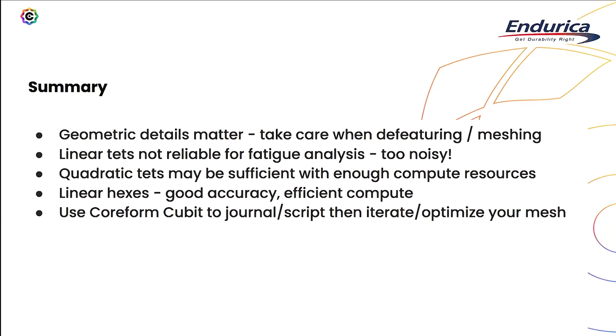We saw here that linear tets, if you've got any other choice, are just not the way to go. Too noisy. Quad tets can work, but they can be computationally expensive. Linear hexes really come out as the best compromise here. They give you good accuracy and efficient compute time.